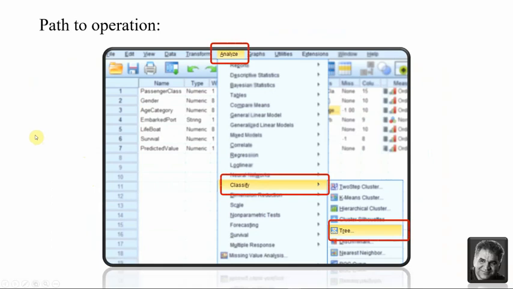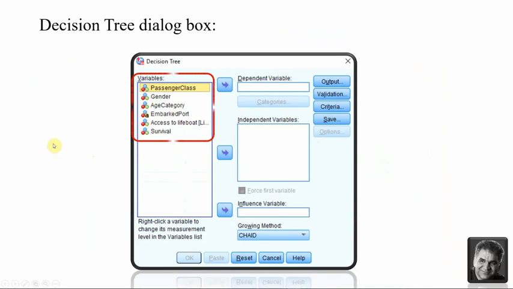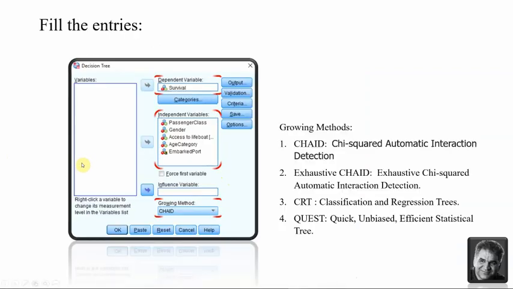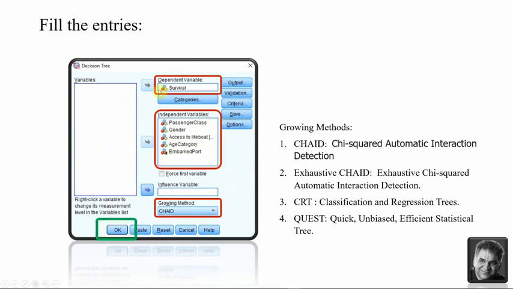From the main menu, follow this path to start calculation: Analyze, Classify, and then Tree. You will see this dialog form. In this section, you can see the variables in the active dataset. Complete the dialog form entries as follows. Enter the response or dependent variable here.